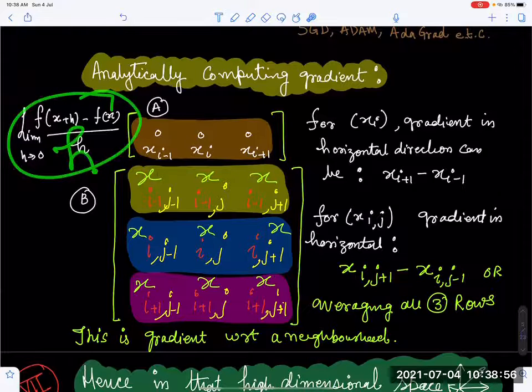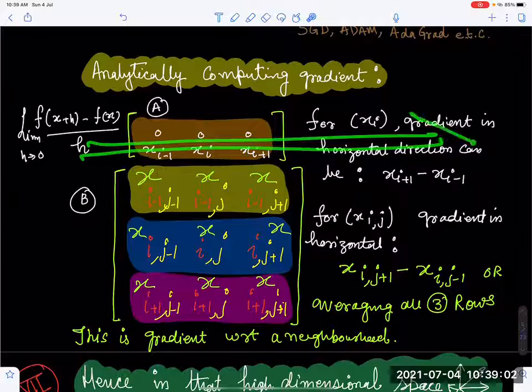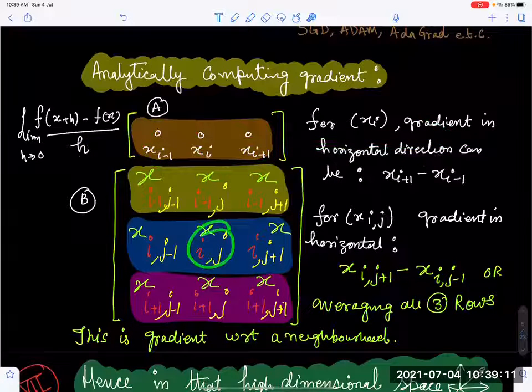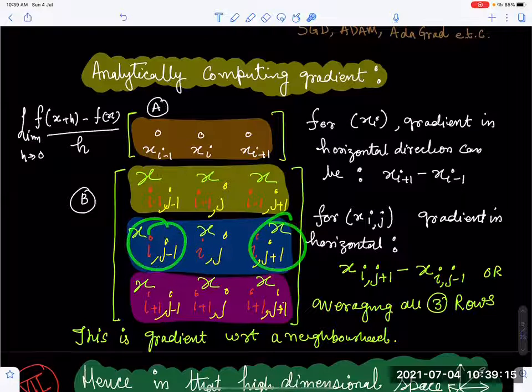If I make h equal to 1 and you are moving in this direction and want to find the derivative at this location, you just take this value and this value and subtract. So you just take the neighborhood values and subtract. That is going to give you the derivative.